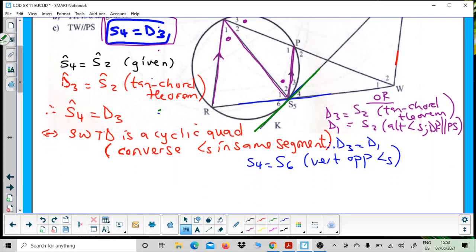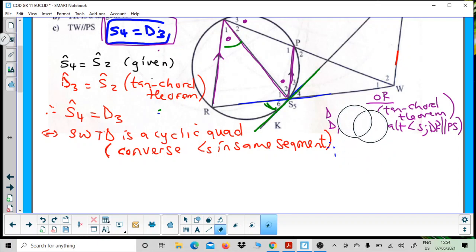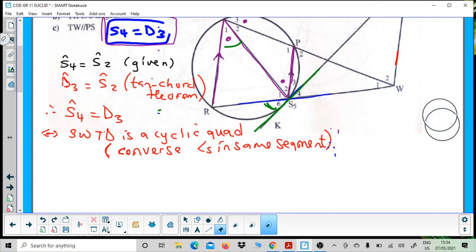Can you see I was going to say, but S6 is equal to D1. So at this point, this method won't work, unfortunately, for whoever was going this way. Okay, so let's stick to that one method, because this one won't work because that is not a tangent. I was looking at it as one all along.